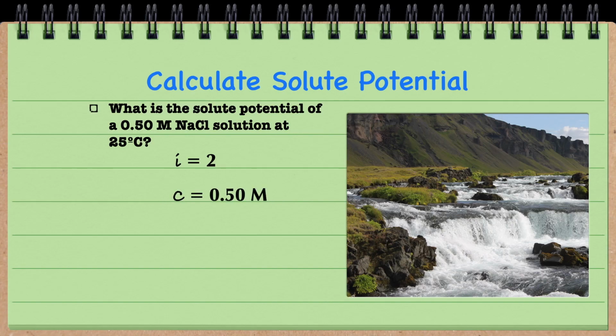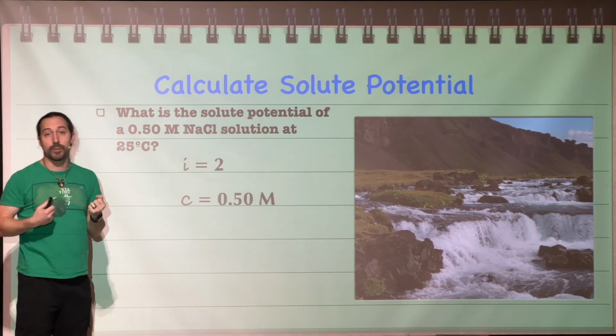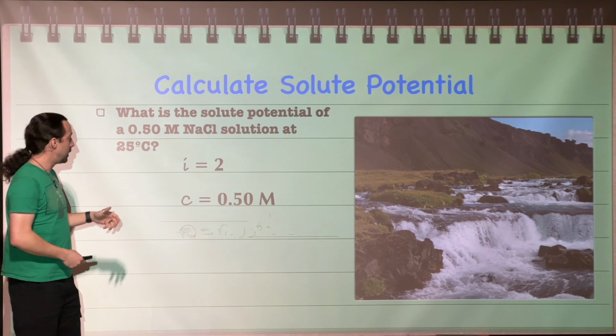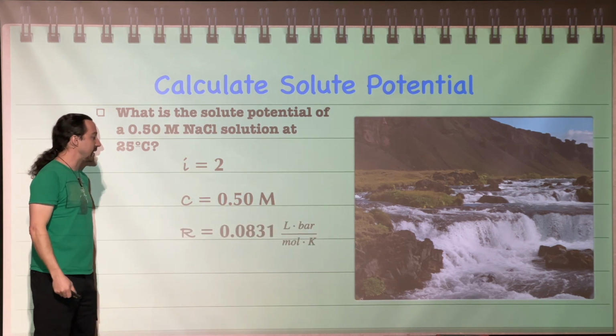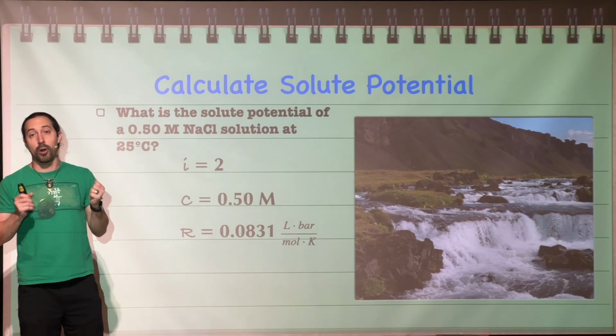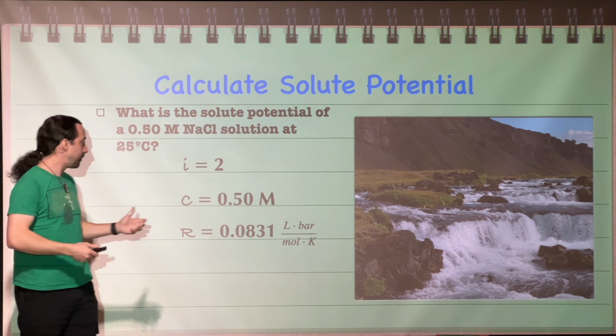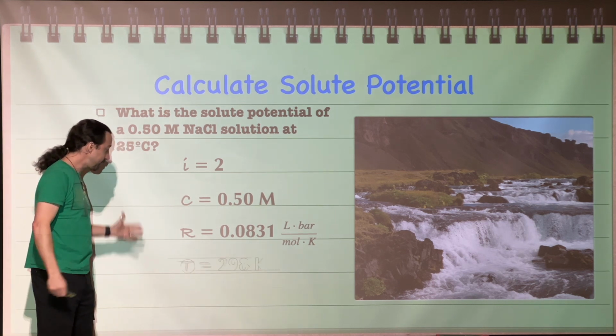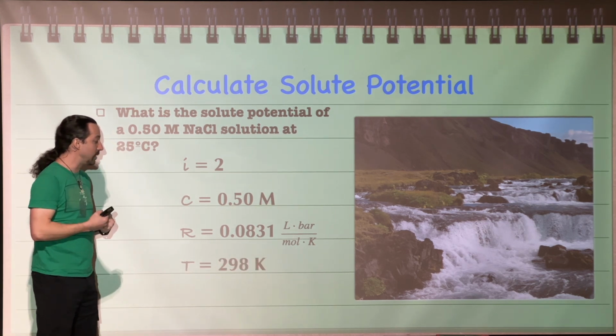We already know that C, our molar concentration, is 0.5. Next, R is always the same thing. It is our pressure constant, so R would always be 0.0831 liter bars over moles Kelvin every single time. And the temperature would be 298 K.